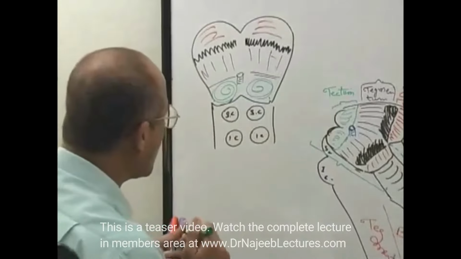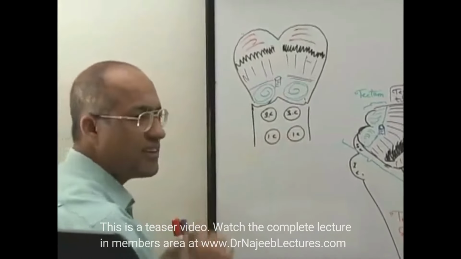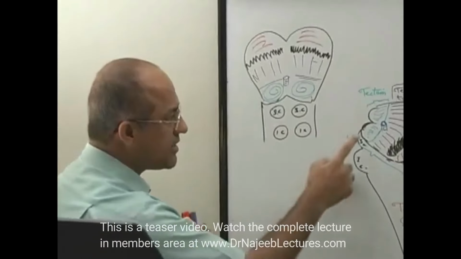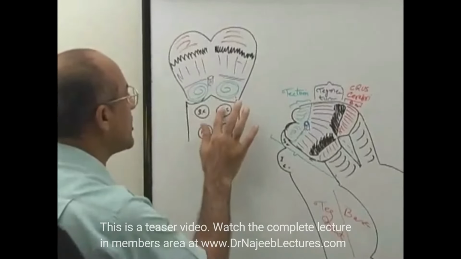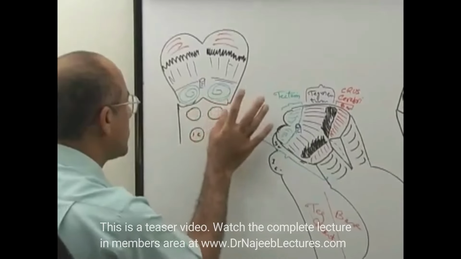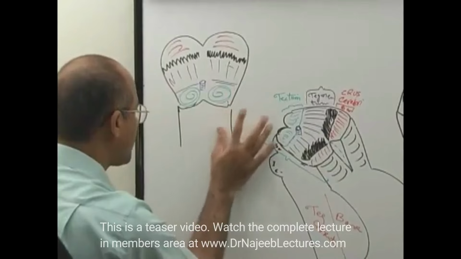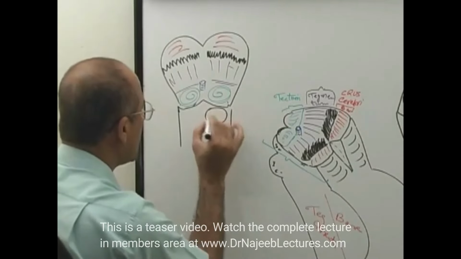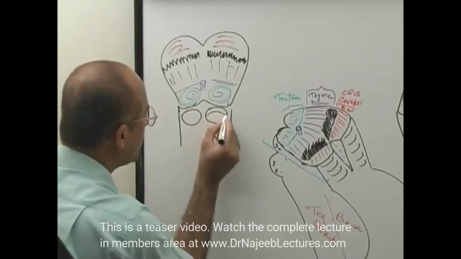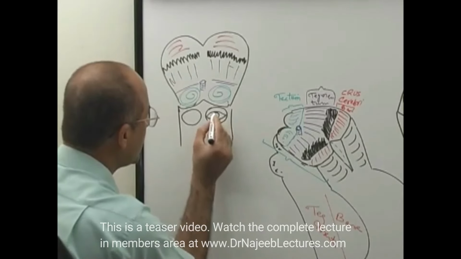And on the back, what do you look at? Superior colliculi and inferior colliculi. Right? Here are the superior colliculi and inferior colliculi. Now, superior colliculi are concerned with visual reflexes. So, how can you remember that? There are your beautiful eyes.